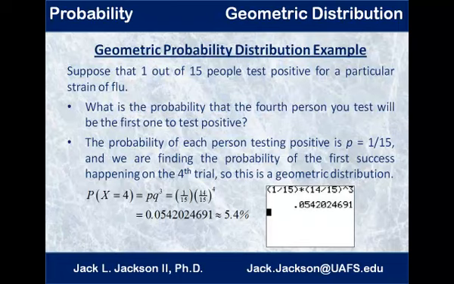And that reduces to approximately 0.054202469, or about 5.4%. And of course we can do this pretty much directly, easily on the calculator. Parentheses 1 divided by 15 parentheses times parentheses 14 divided by 15 parentheses power 3, enter, boom, we got the whole thing.